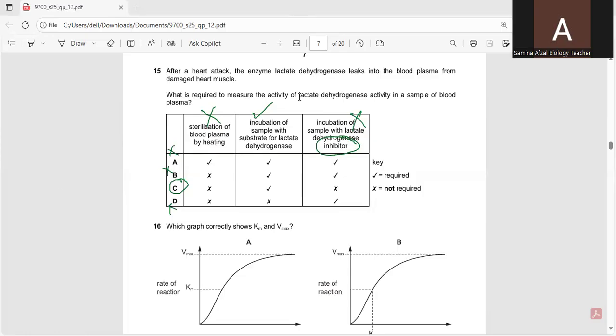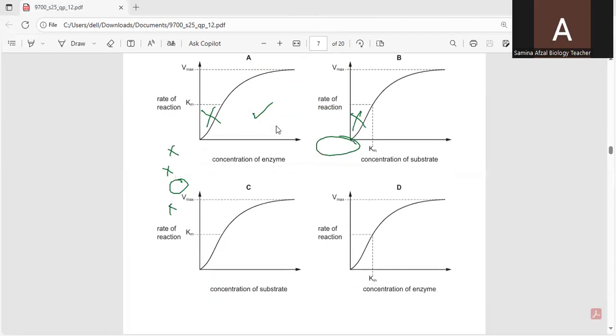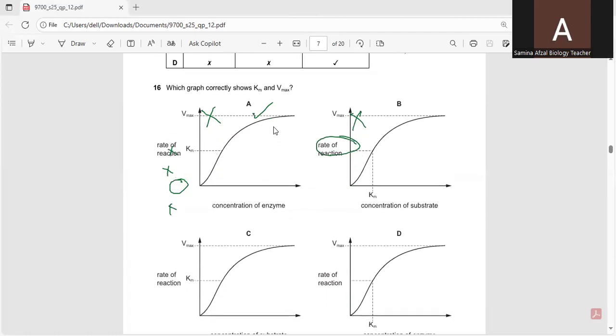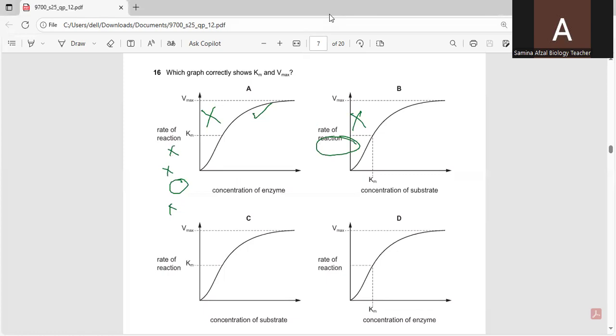Next question. The next question shows four graphs, in which we must find which graph correctly shows Km and V maximum.